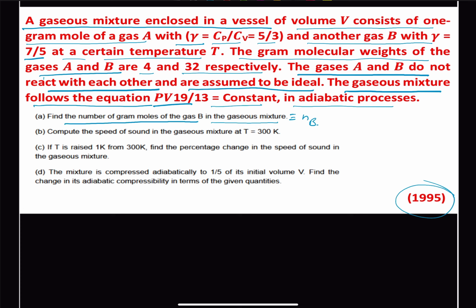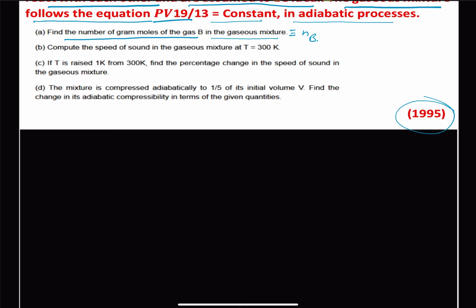So we are given 1 mole of gas A. The number of moles of gas A is given to us as 1, and its adiabatic ratio, that is gamma of A, is also given to us as 5/3. Its molar mass is given to us, that is M of A is 4 gram per mole, or we can write it directly in the form of kg, that is 0.004.